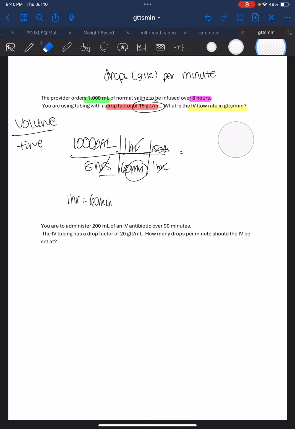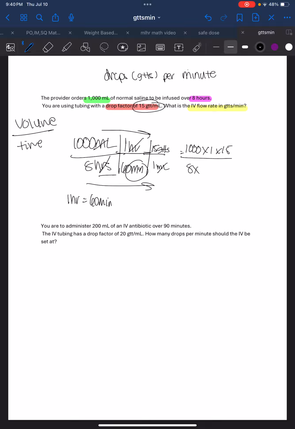I'm going to erase that so we have room to do our equation here. We're going to multiply across, which is going to give us 1,000 times 1 times 15 over 8 times 60, which is going to give us 15,000 over 480.